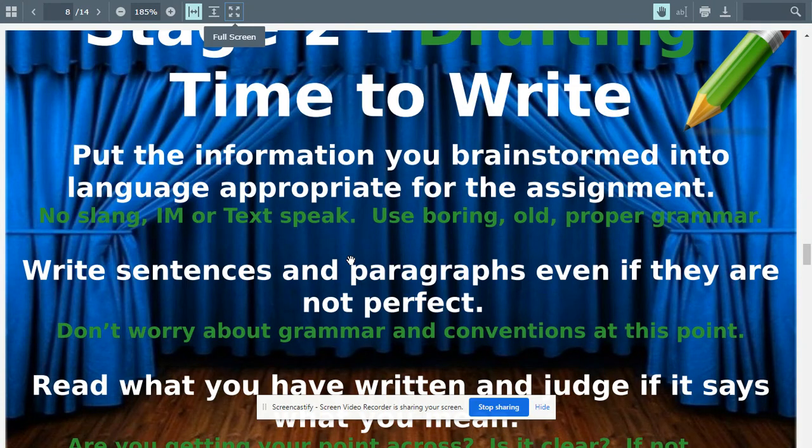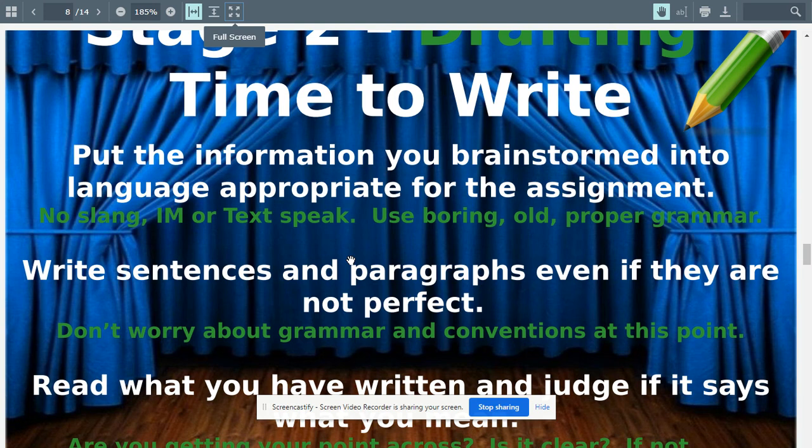Sometimes formal writing is a little bit on the boring side, but if you use exciting verbs, there's still standard grammar. You can make it not so boring and still stay within the parameters of proper writing.